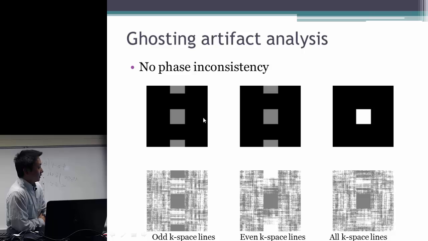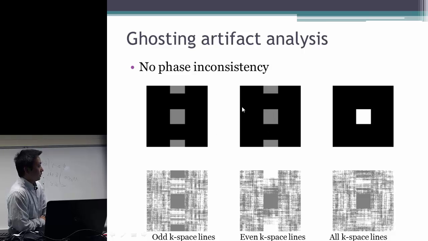In terms of the magnitude, these two subsets of the K-space will give you very similar results, because it's just every other line. So they basically cover almost the same center of the K-space and the edge of the K-space.